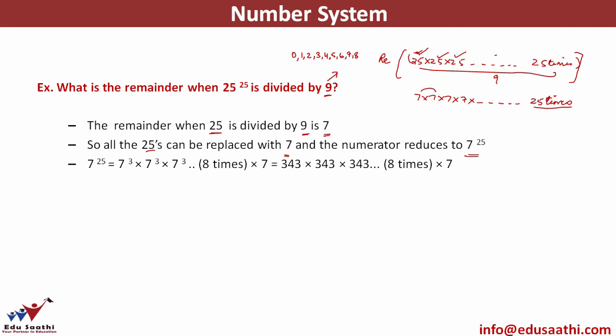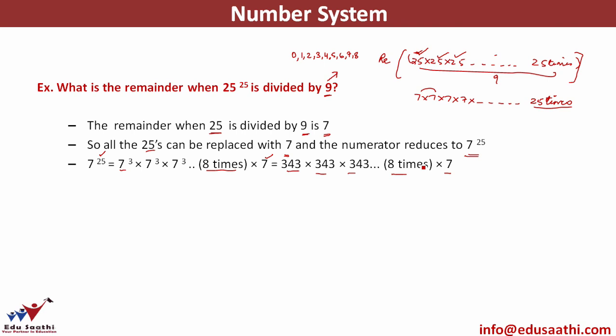So I'll try to group 3 7s. If I look at 24, 8 times I'll be able to group them and one 7 will be left standalone. So all of these 7 cubes could be written as 343, 8 times, with 7.